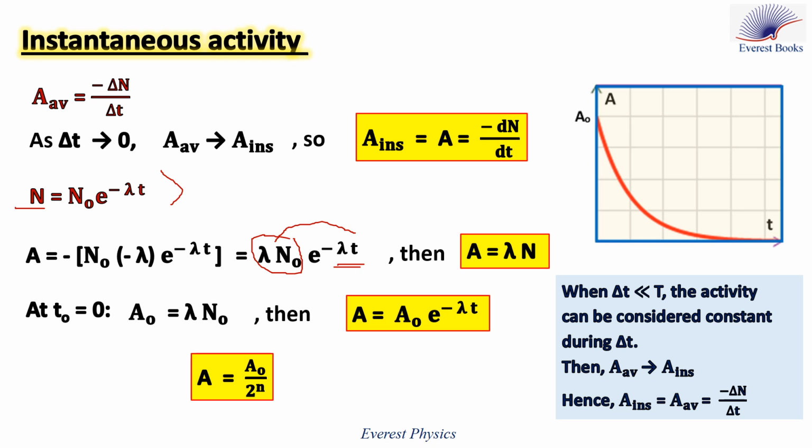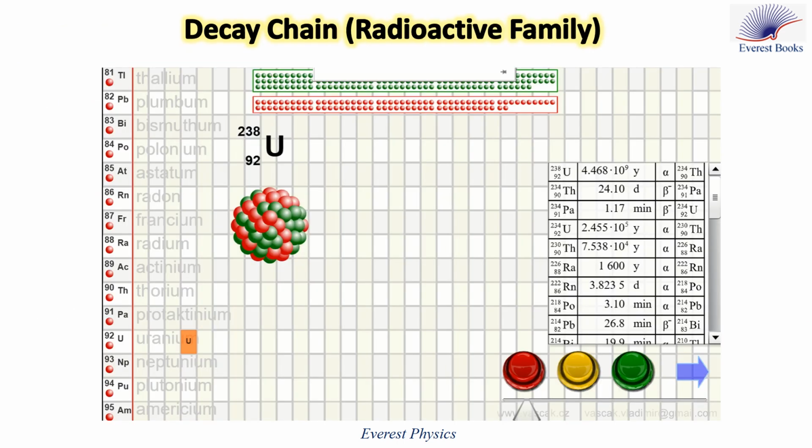For example, if the half-life is a few million years and we are asking about the instantaneous activity over 1 year, then when you calculate the average activity over 1 year by dividing the number of decays by the time of 1 year, this average activity could be considered as just the instantaneous activity.